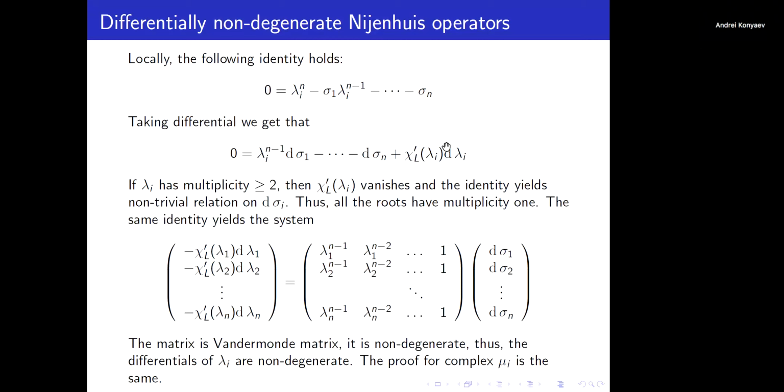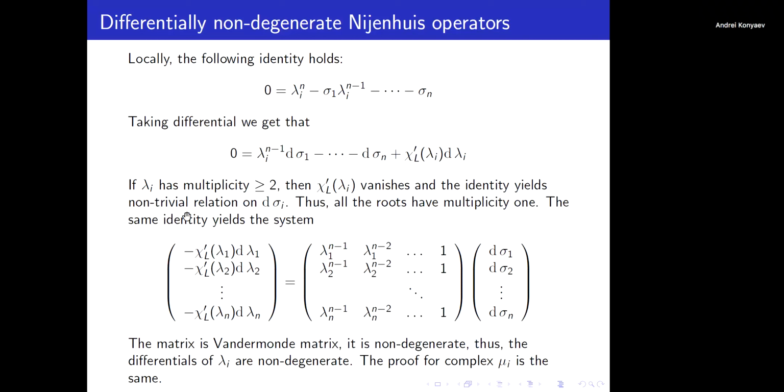So you take the characteristic polynomial's derivative with lambda i substituted, times d lambda i. It's a rather simple calculation. All other terms we gather here, and we get the following formula. We do this for different lambdas, and we get the following collection of formulas.